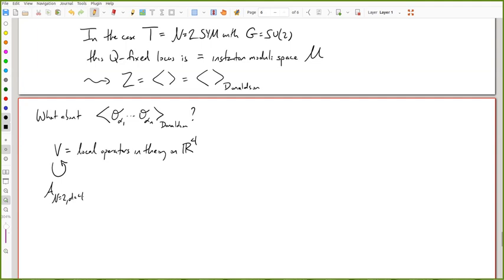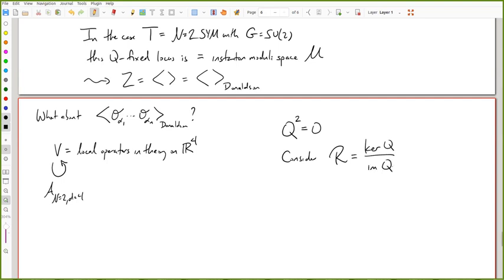But let's do the following thing. Remember that we have this supersymmetry that I called Q, this odd vector field on the space of fields. Because Q squared equals 0, and Q acts on this space V, we can consider the cohomology, which I'll call script R, the cohomology of this nilpotent operator.